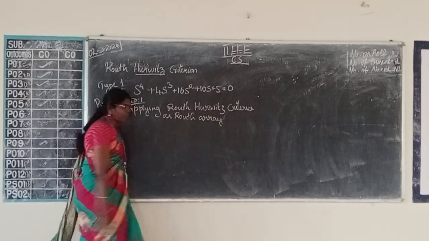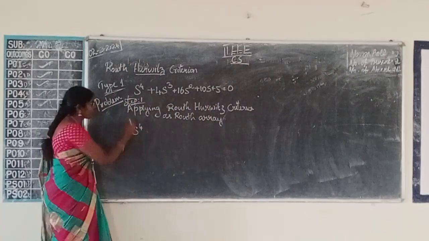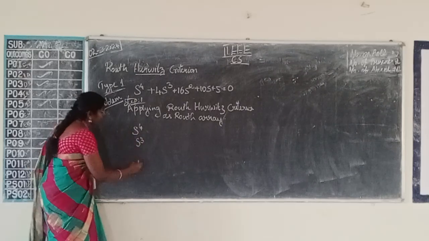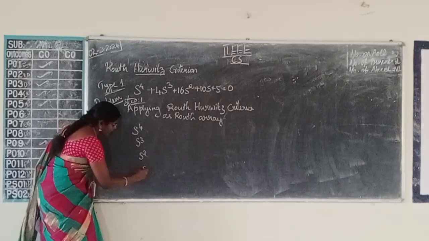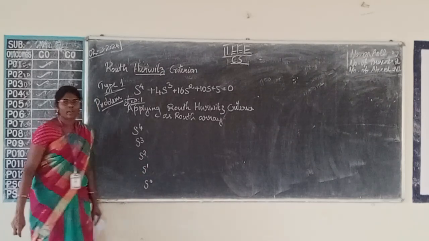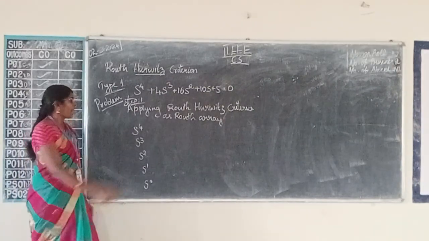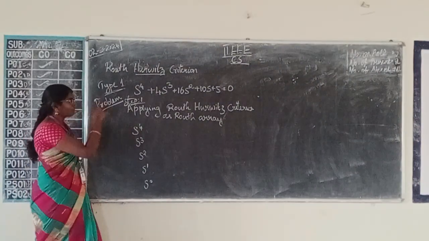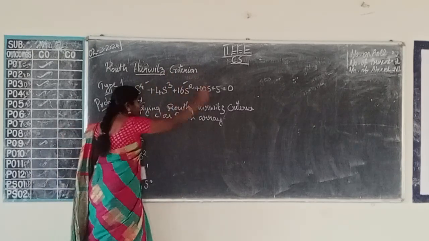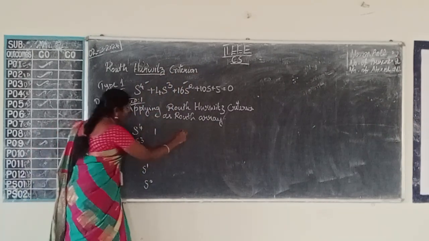So, how will we form the array? That is as S power 4, S cube, S square, S power 1, S power 0. Anything power 0 is 1, and that is our constant after S power 0. And in place of S power 4, what will we write? Only even coefficients, that we know. So S power 1 and again plus 16.